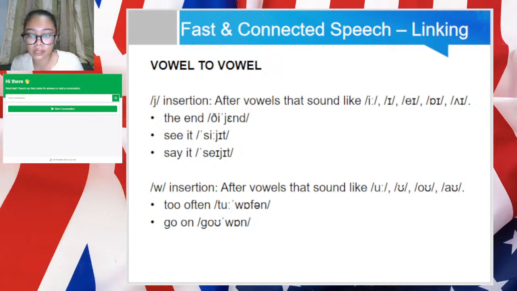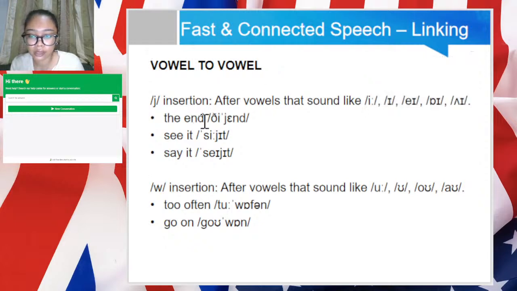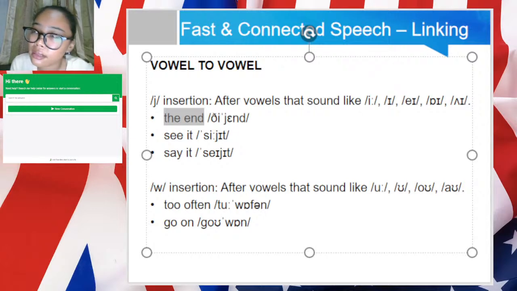So after vowels that sound like these ones, say for example the phrase "the end." Notice how I say the phrase: "the end, the end." Slower, "the end." A bit faster, "the end, the end."